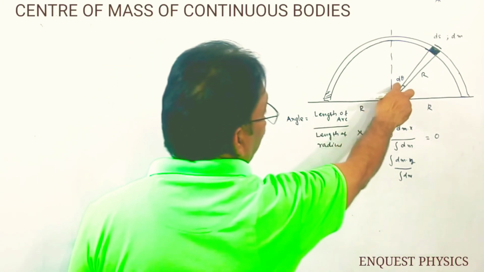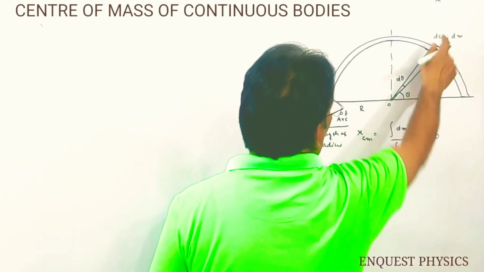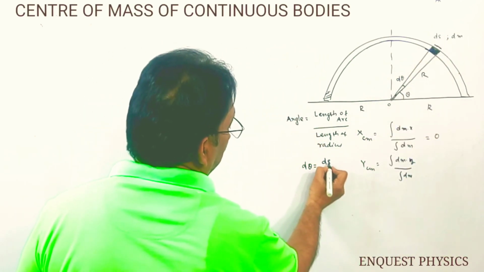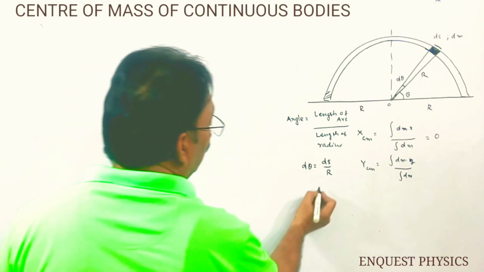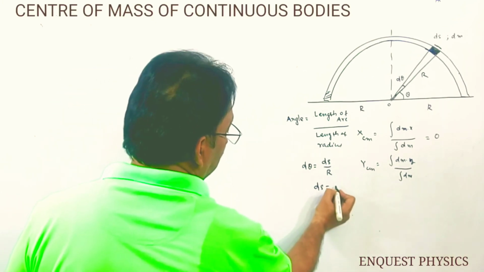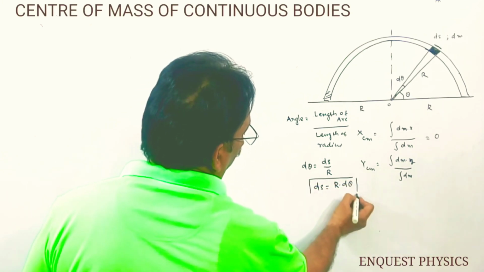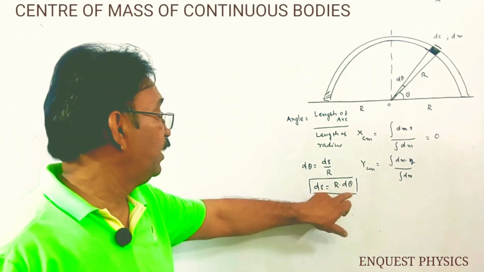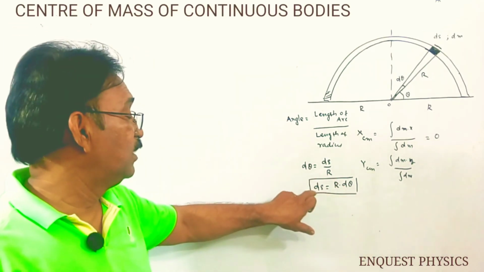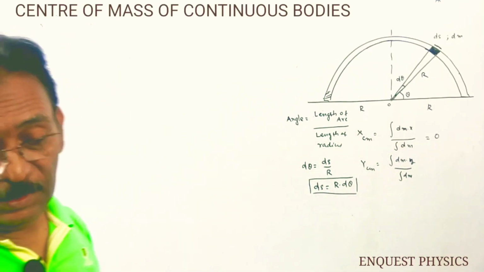The angle we are taking is the derivative, d theta, equal to the length of arc, which I told you is the derivative ds, by radius. Then you can write ds is equal to r d theta. We related the radius, d theta, and the length of the strip as ds is equal to r d theta.